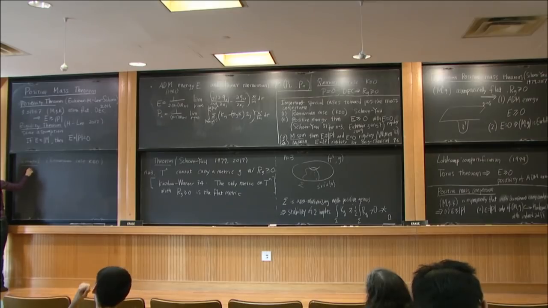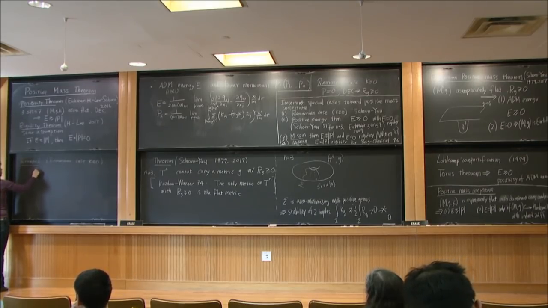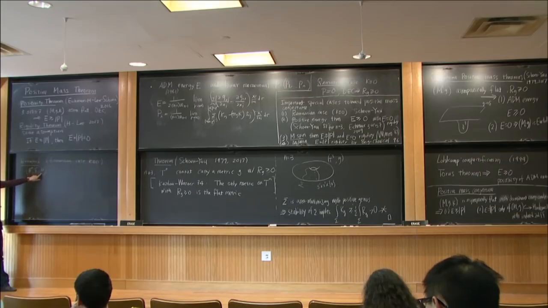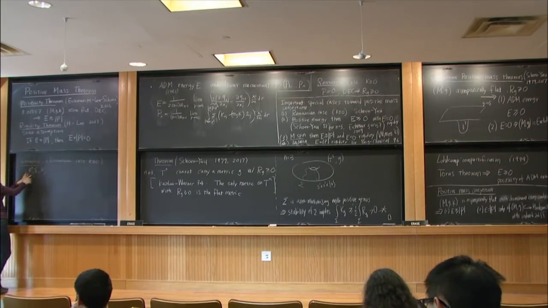Okay, so of course we have Euclidean space, R^n. And the metric is the Euclidean metric, and K is just 0. So then the dominant energy condition tells you the scalar curvature is non-negative, and it's definitely 0 in the trivial case. But then there's another important class of manifolds that's called the Schwarzschild manifold.